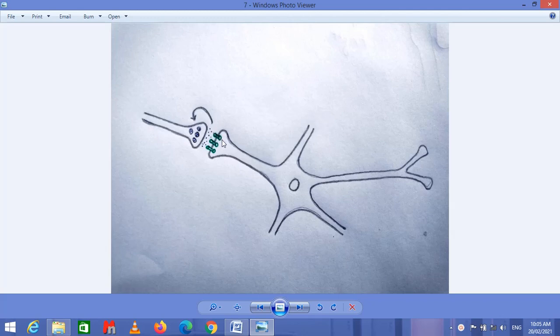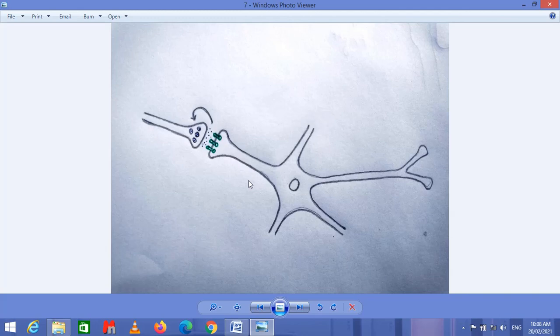Secondly, the influx of calcium and sodium over here will also lead to the formation of a second messenger, and that second messenger is cAMP. So the cAMP formation will occur over here, and that cAMP will do what? That will sensitize the glutamate receptors on this postsynaptic neuronal ending. It will increase the sensitivity of these receptors and also increase the number of receptors on the postsynaptic nerve ending.